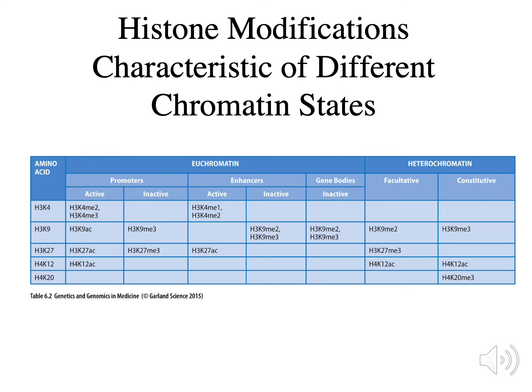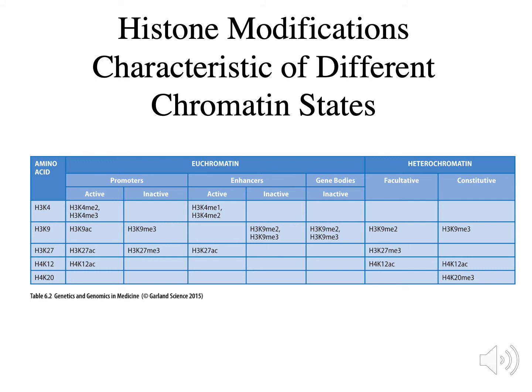In that instance we can have 2 methyl groups attached or 3 methyl groups attached at that particular lysine residue, and that's associated with an active promoter state. And then as you go on the table, there are different descriptors.